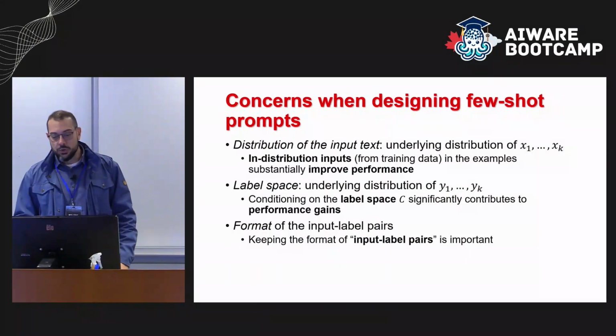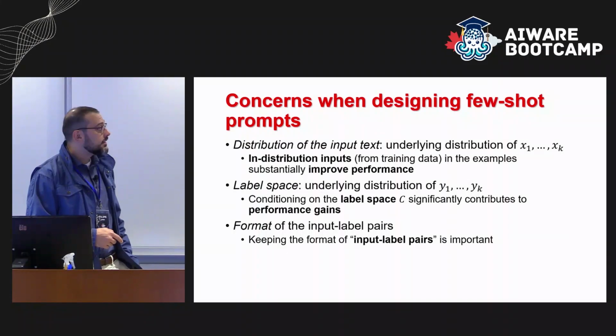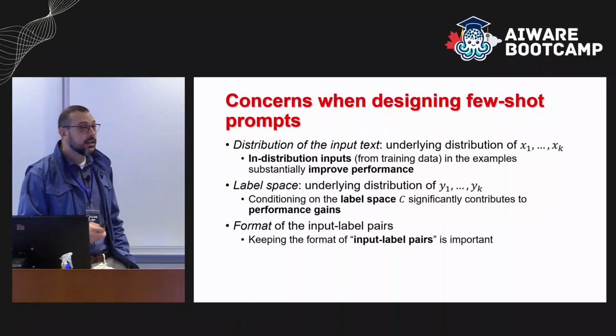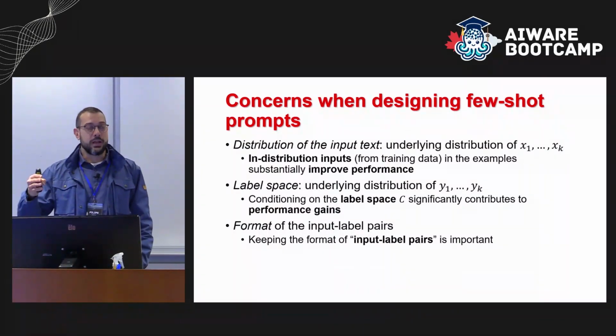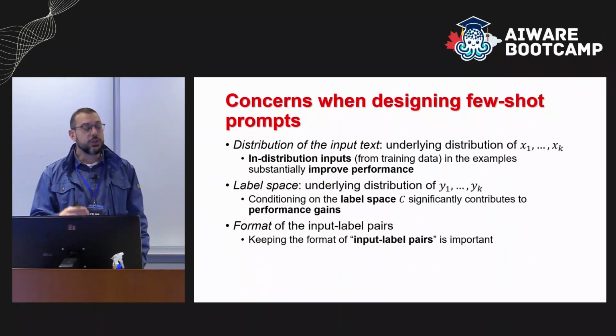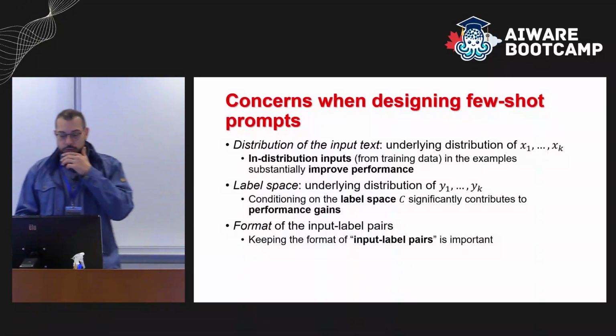So when you're talking about the distribution of the input text, the underlying distribution of the X, it needs to be in the training data. That's the result. So if you want to see a performance improvement when you're using few-shot examples, you need to make sure that the tokens that you see there were in the training data.